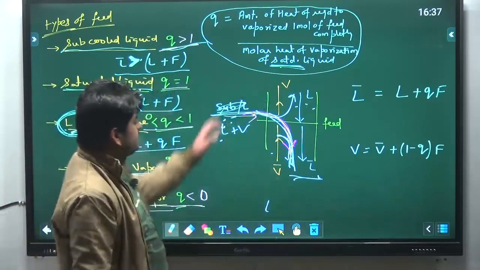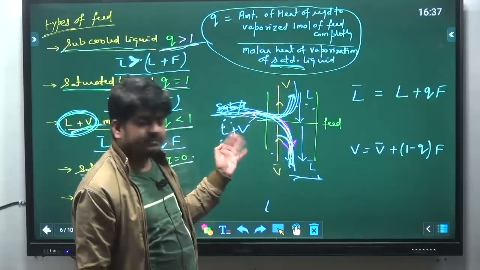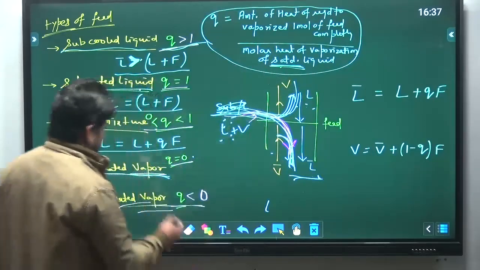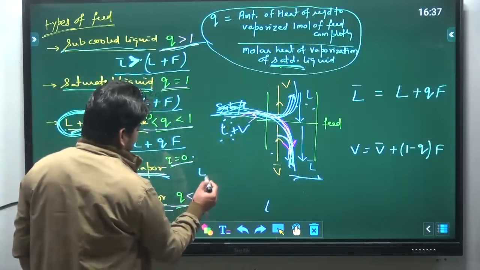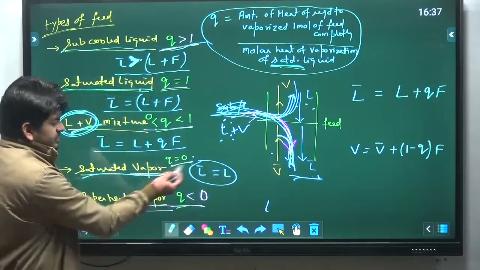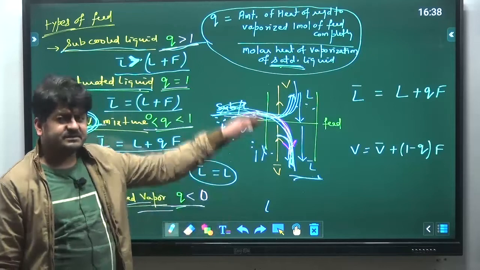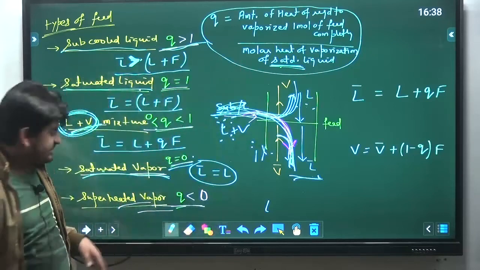Saturated vapor as it is will go on this side. So V will be equal to V bar plus F, no problem. So here L bar will be equal to L. So Q has to be 0. Okay. Because whatever feed we send as it is went into the rectifying section.